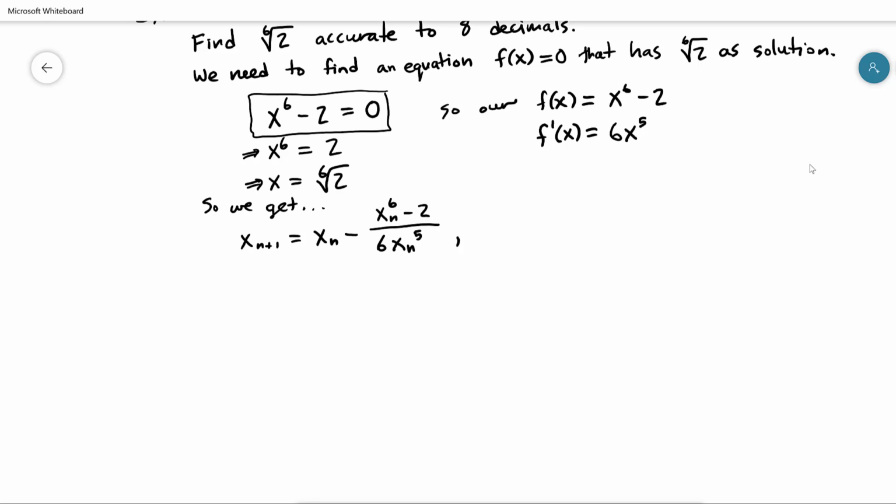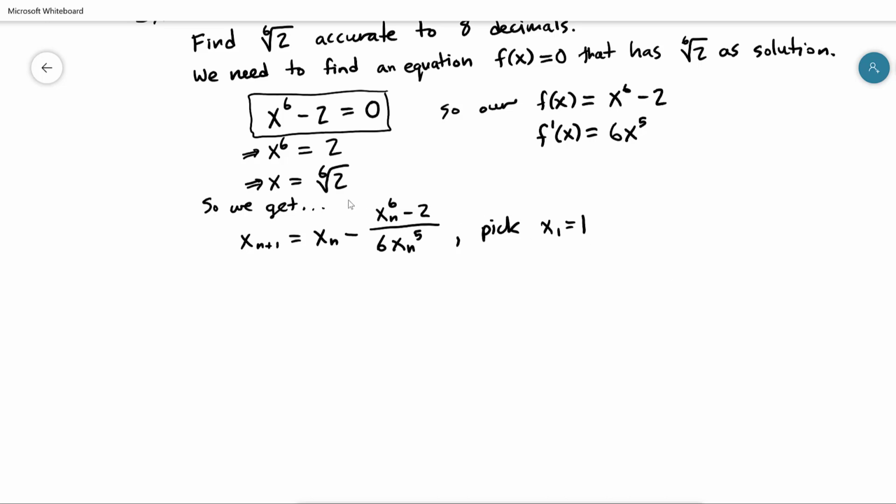Pick some number, preferably one that you think is close. So I'm going to pick x1 equals 1. This is kind of one of the tricky parts of all of this, is how do we pick our starting point? So far I've just told you what to use, but how do we decide what's a reasonable thing to pick?